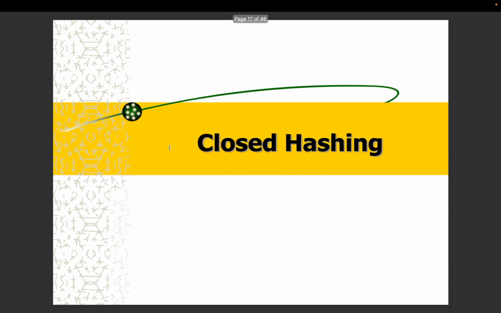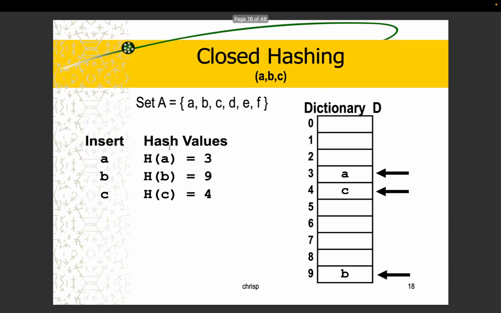So now, let's discuss something we haven't discussed previously, which is closed hashing. Closed hashing is a bit different. In closed hashing, we represent the dictionary not as an array of sets, but rather we store each element inside the specific array in the dictionary.